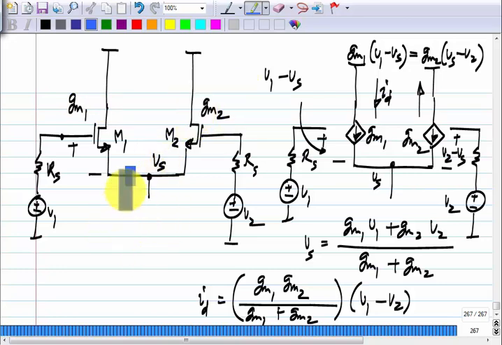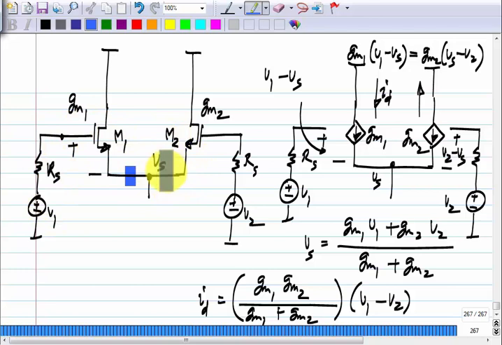Now, originally I thought of M1 as the amplifier, and I applied V1 to the gate and I applied buffered V2 to the source. Okay. But if you look at the structure the way I have drawn it, it looks exactly the same if I had originally thought of M2 as the amplifier, applied V2 to its gate and applied buffered V1 to the source.